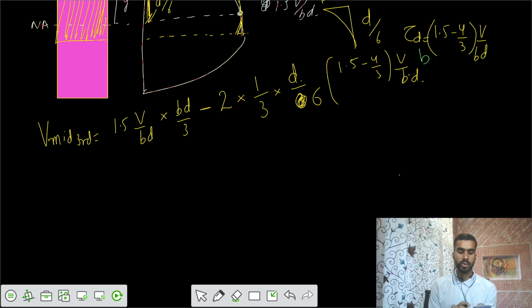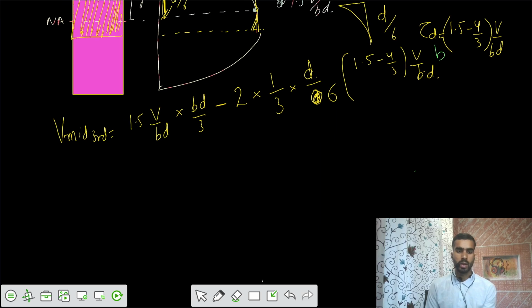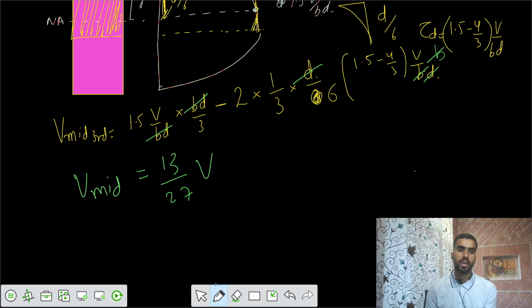I got a value of 13 by 27 of total V. This D cancels with this D, and B with this B. So V mid equals 13 by 27.